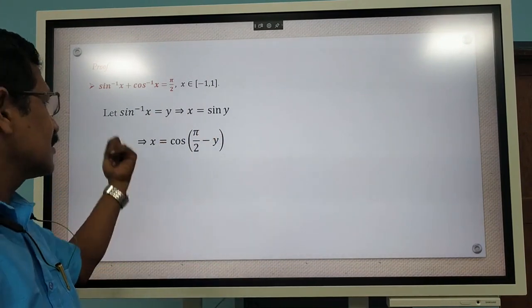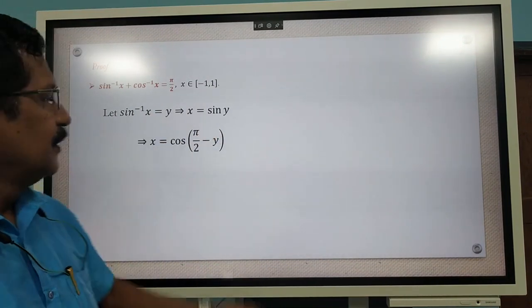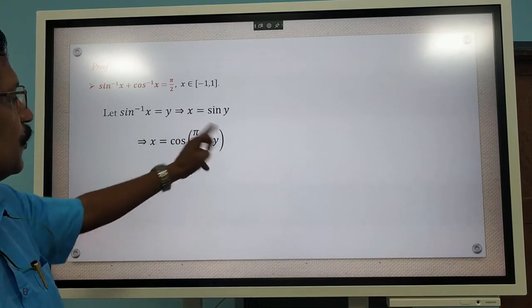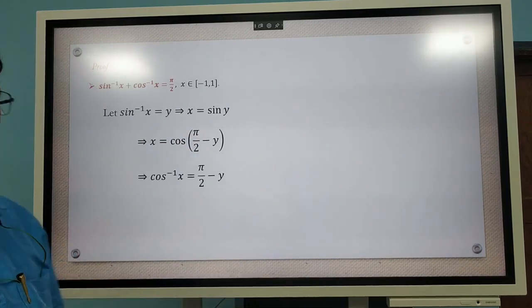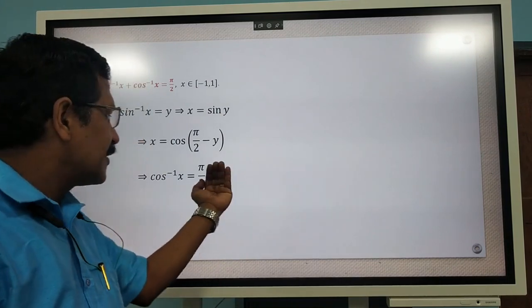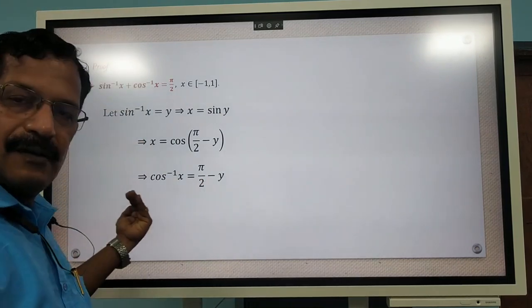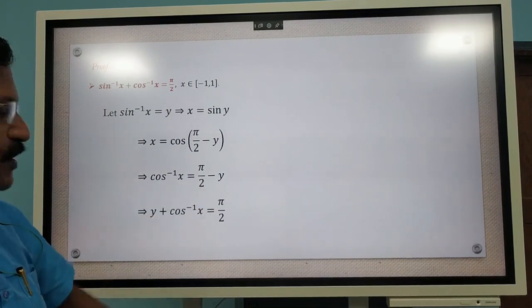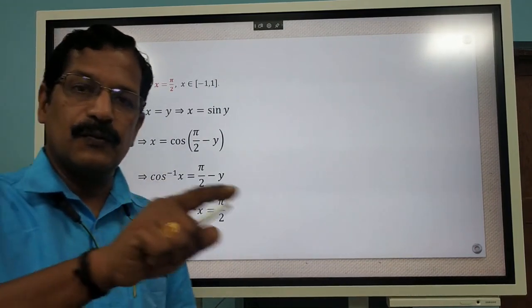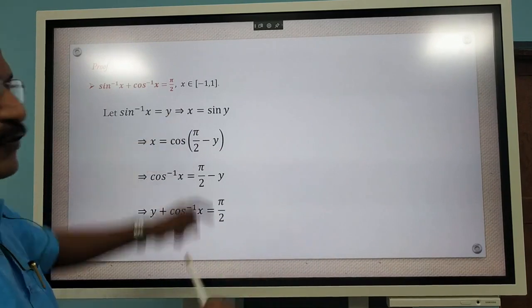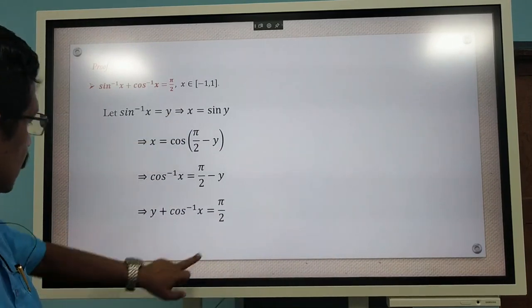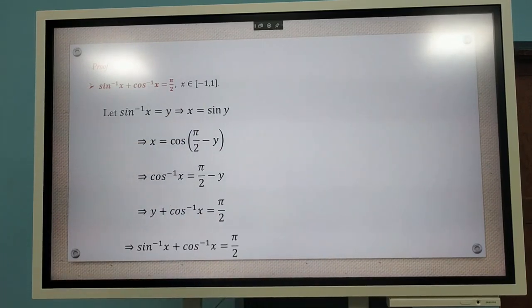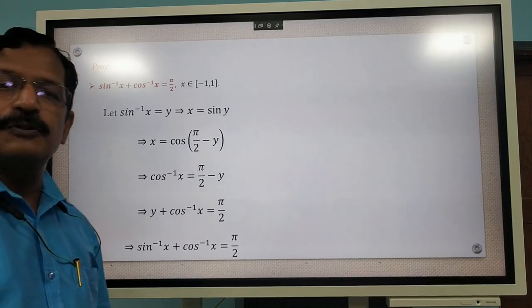Let us bring the cos to the left hand side. So cos inverse of x is equal to pi by 2 minus y. Let us then bring this minus y to the left hand side. So we get y plus cos inverse of x is equal to pi by 2. But y is sin inverse of x. So we have proved that sin inverse of x plus cos inverse of x is equal to pi by 2.